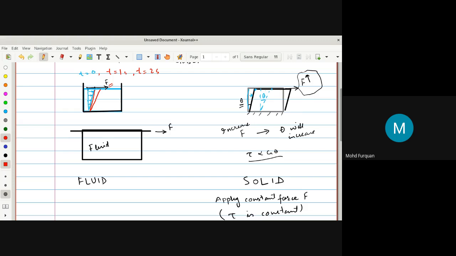It will not go further unless you increase your F. In case of fluid, once you apply F, it will keep on deforming and keep on shearing.